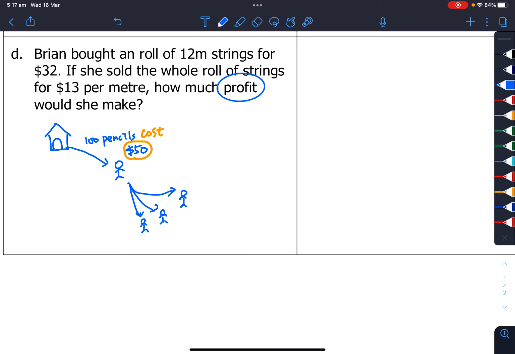So 100 pencil you can collect how much? $100 back, right? You sell the pencils to your classmates in $100, right? This $100 we call it revenue.